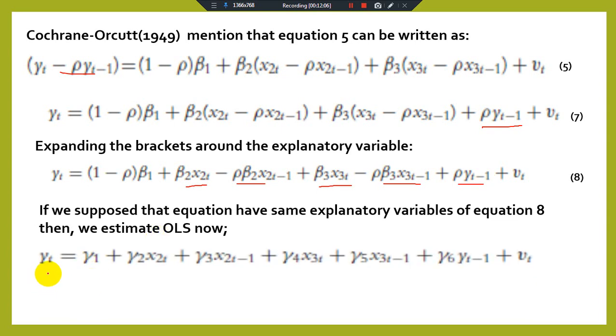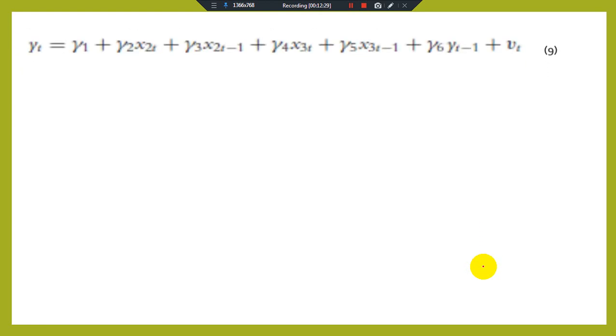Then our equation becomes yt is equal to gamma 1 plus gamma 2 x2t plus gamma 3 x2t minus 1 lag value, gamma 4 x3t plus gamma 5 x3t lag value, and gamma 6 lag value of the dependent variable as an explanatory variable, plus ut. This is our equation 9.